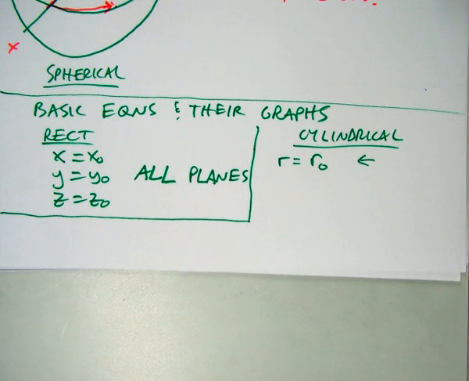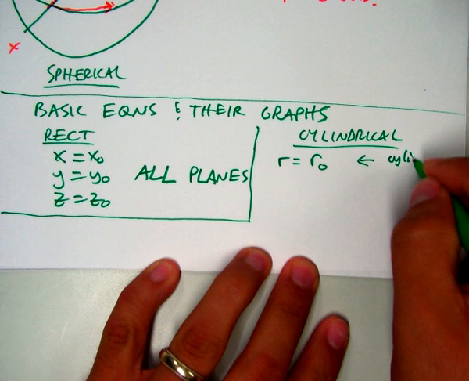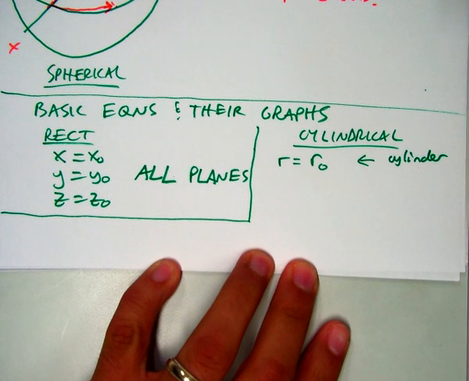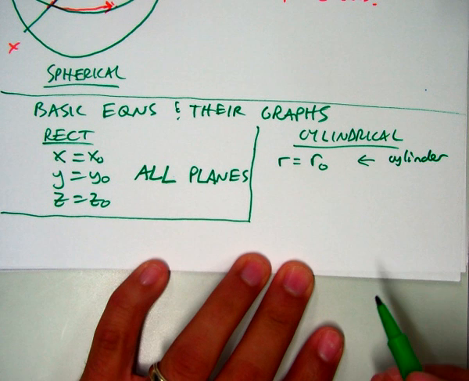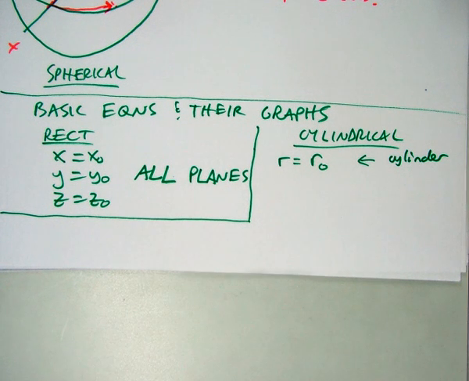It's going to be a cylinder. It's a bunch of discs stacked on top of each other, basically. So if you think polar first, r equals 4, let's say, that's just a circle with radius 4, centered at the pole. If we're doing a 3-dimensional graph, then we just extrude along the z-axis and it becomes a cylinder. That's the easiest way to think about it.